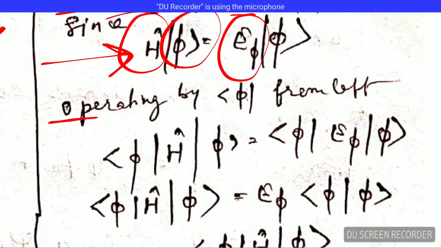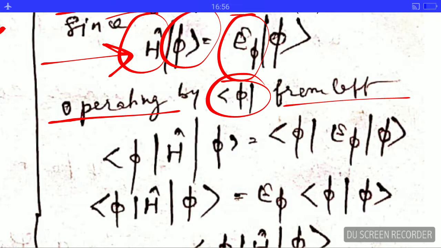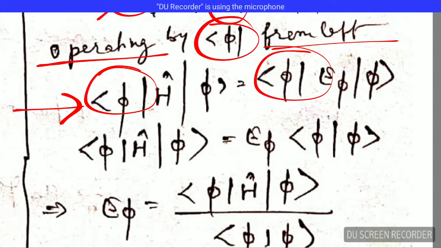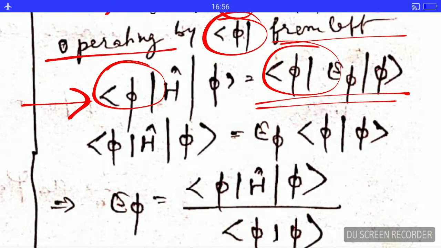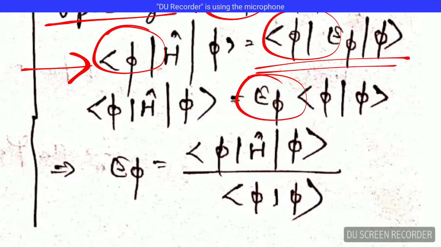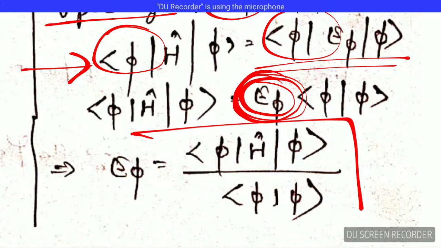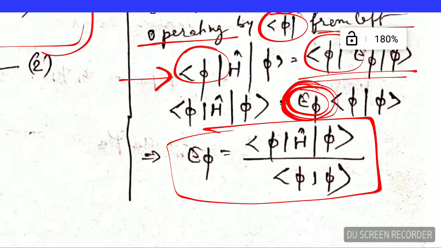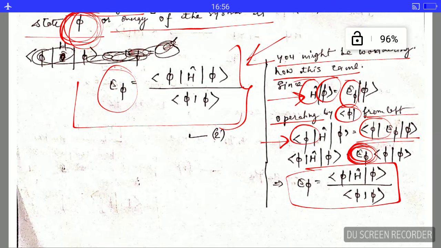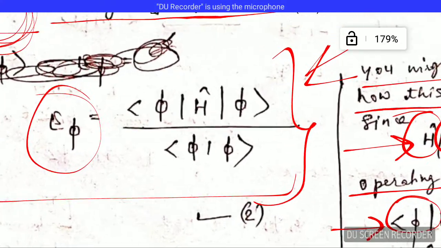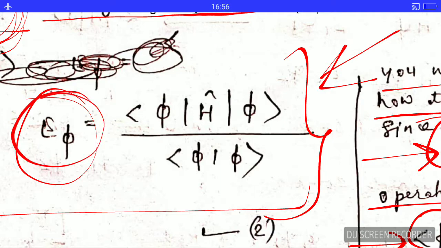Now, operating by this bra from the left, you will arrive at this equation. E phi will come out because it's the eigenvalue, and eigenvalues are constant. Then we solve this equation for E phi, so E phi becomes equal to this. This is how the energy of the state phi is written.